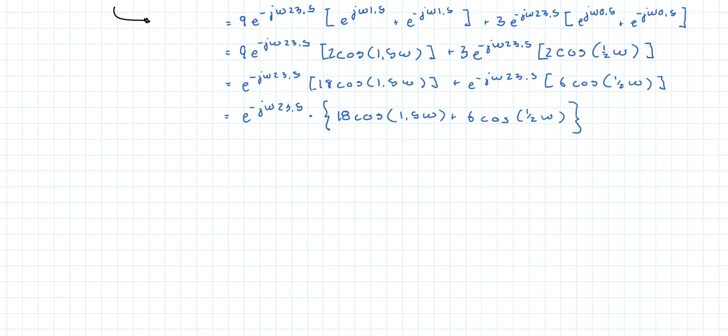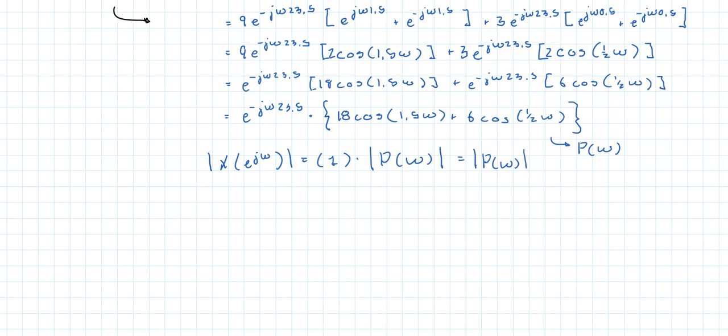Let's say that we want to get the modulus. Well, that would be the modulus of the exponential, which is equal to 1, times the modulus of p of omega, evaluated at some value of omega.